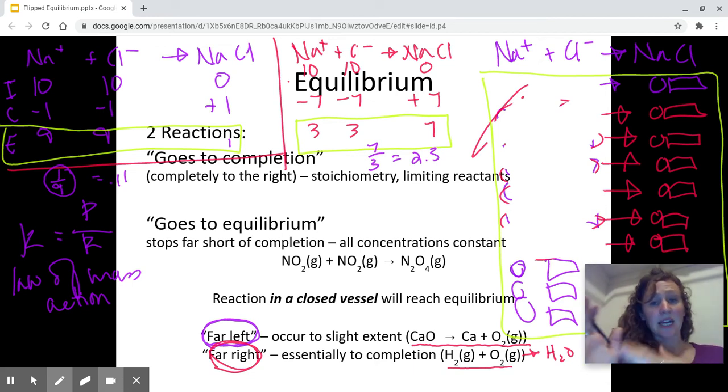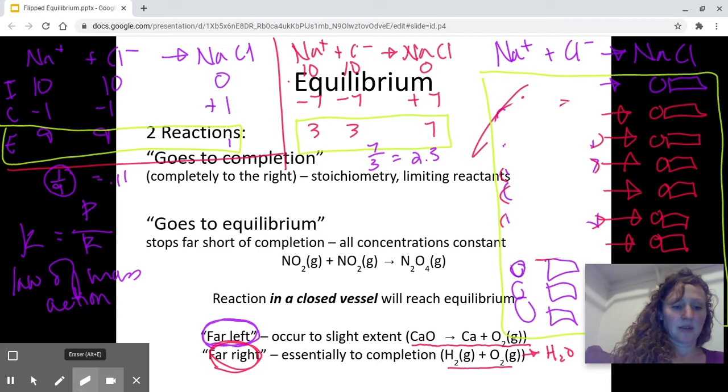The bigger K is, the more products are formed. So these are the ideas that are coming together in this chapter. Okay, so I want to give you a little bit more example, talk a little bit through this concept of equilibrium, and then introduce you to the real K, the real law of mass action. So let's keep going here.